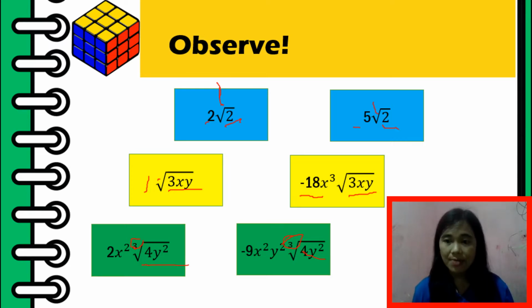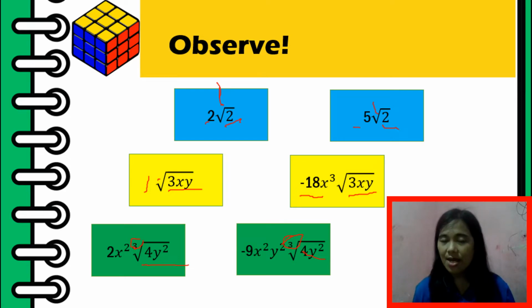Is it the same observation in the second set? In the second set, we have the index of 2 and the radicand of 3xy with the coefficient as 1. Here on the second, we have the same index of 2 and a radicand of 3xy, and we have negative 18x cubed as its coefficient.